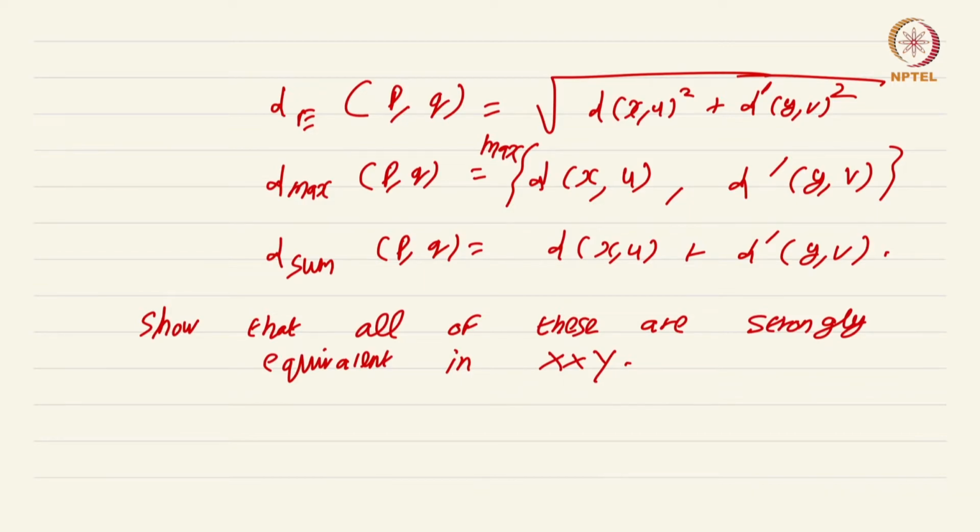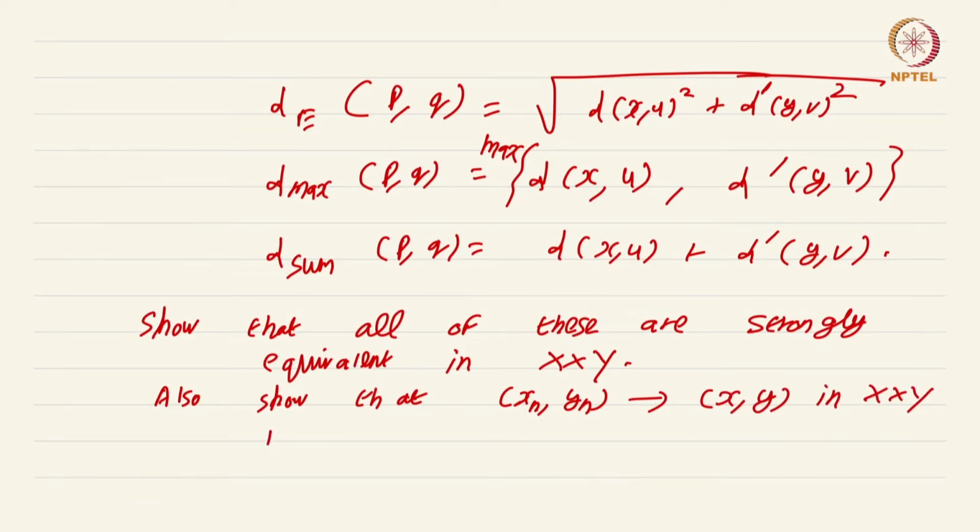Now there is another interesting property with these choices of metrics. Also show that (x_n, y_n) converges to (x, y) in X cross Y if and only if x_n converges to x in X and y_n converges to y in Y. This is true under any of the three metrics that we have defined.